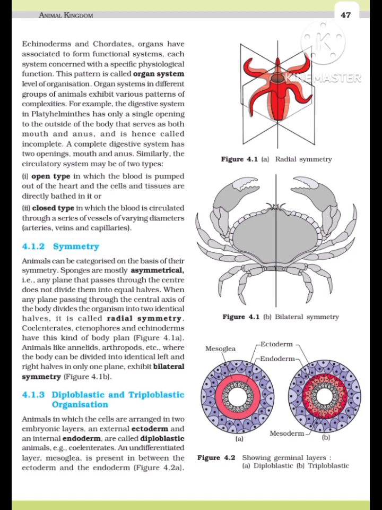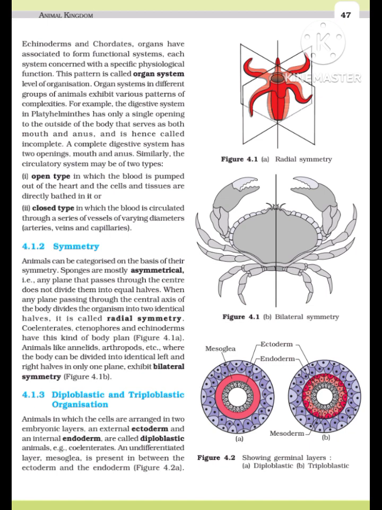4.1.3 Diploblastic and triploblastic organization. Animals in which the cells are arranged in two embryonic layers, an external ectoderm and an internal endoderm, are called diploblastic animals, example coelenterates. An undifferentiated layer, mesoglea, is present in between the ectoderm and the endoderm. Figure 4.2a.